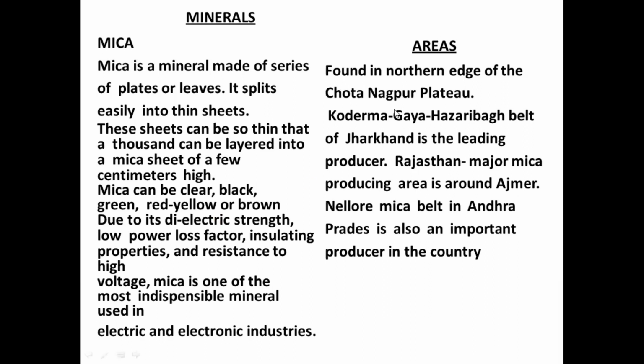This is found in the edges of Chota Nagpur Plateau. The Kodarma, Gaya, Hazaribagh belt of Jharkhand is the leading producer. India has approximately 90% of the world's deposits of mica, and India produces more than 60% of the world's mica production.